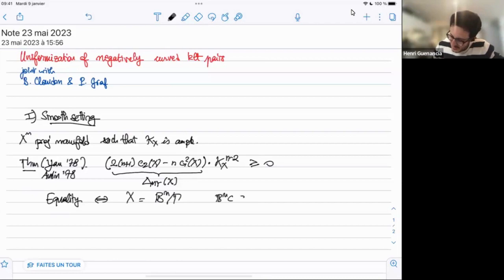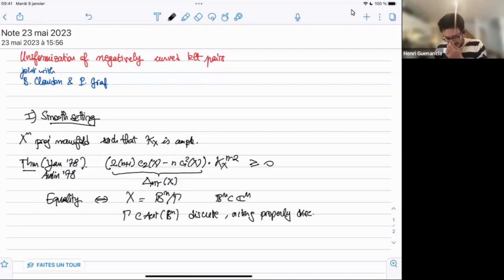So B^n is the unit ball in C^n, and Gamma is a discrete subgroup of holomorphic automorphisms, acting properly discontinuously. Here, actually, we're going to have even co-compactness. And an important point is that it acts without fixed points, so freely.